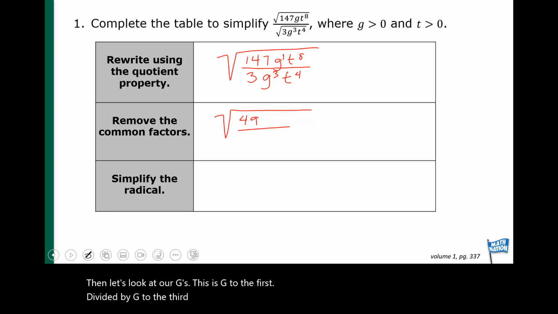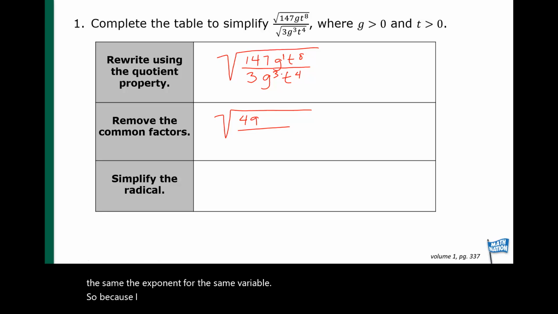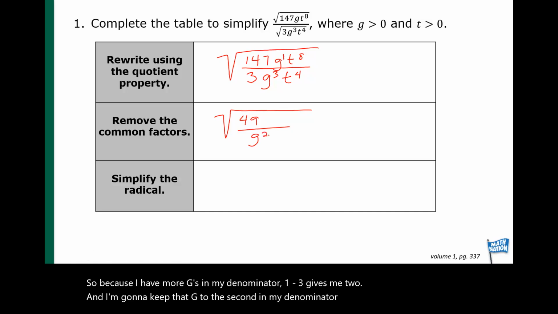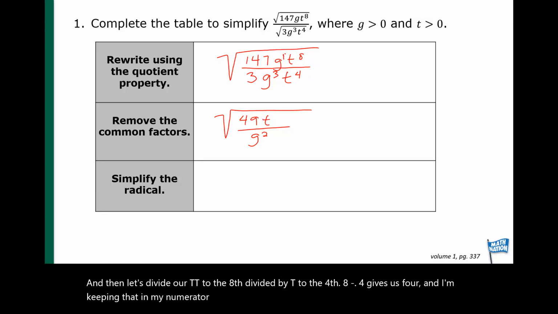Remember, when you're dividing, you're subtracting the exponent for the same variable. Because I have more g's in my denominator, 1 minus 3 gives me 2, and I'm going to keep that g to the 2nd in my denominator. And then let's divide our t's. T to the 8th divided by t to the 4th. 8 minus 4 gives us 4, and I'm keeping that in my numerator because I have more t's in the numerator. So t to the fourth stays in the numerator.